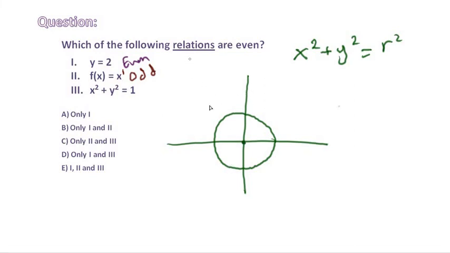Actually, this is not a function, it's a relation because if you try the vertical line test, it could pass through 2 points, more than 1 point, I mean. So this is not a function, it's a relation. And it's symmetric about the y-axis and about the origin. So it's both even and odd. So we can say that it is even. Then the correct answer is 1 and 3. This is D.